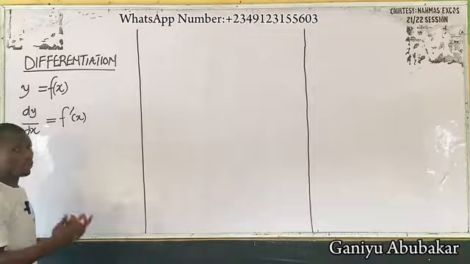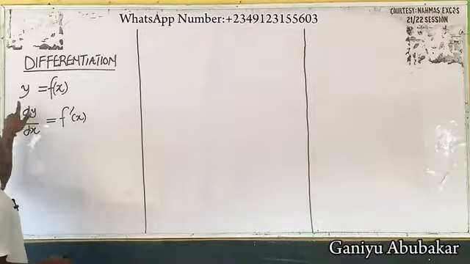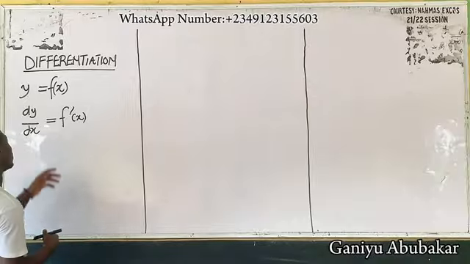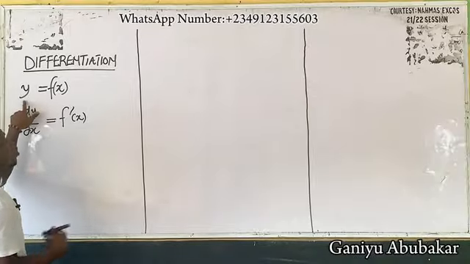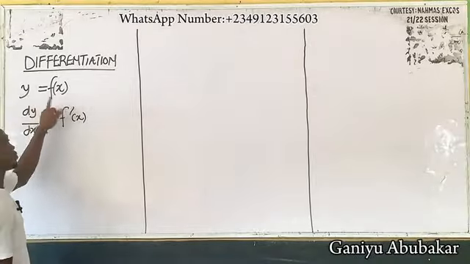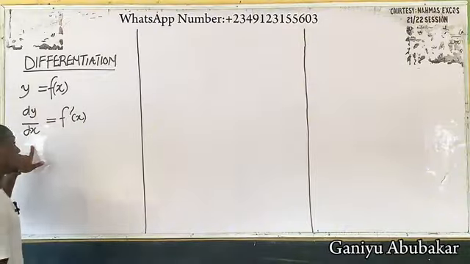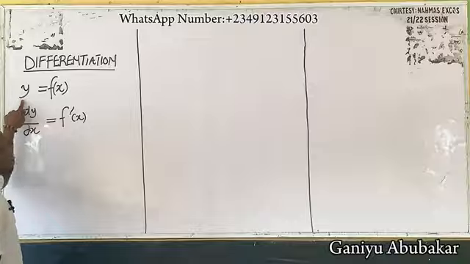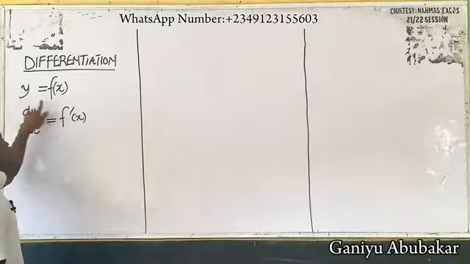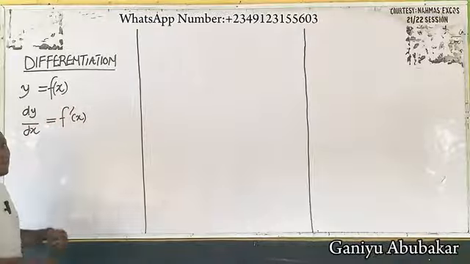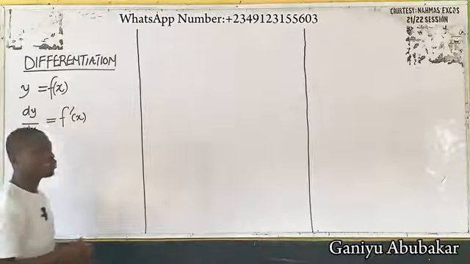So here is the concept. If I have y equal to x, it means that the change in y with respect to x becomes dy over dx. That's just the concept. So the change in a parameter or variable with respect to another parameter or variable, that becomes differentiation.